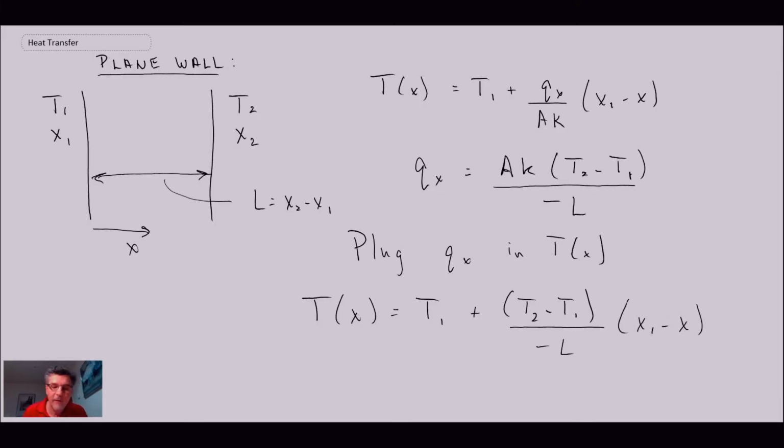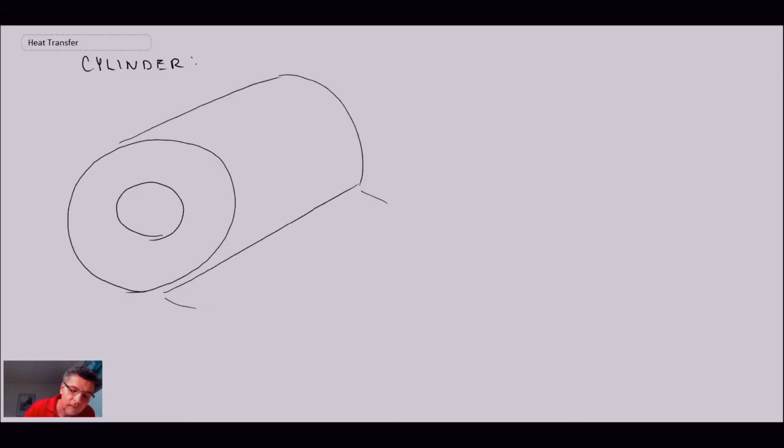Okay, so that was for a plane wall. We also looked at a cylinder. So that was the geometry for the cylinder, R inner, R outer. And what we obtained here was the temperature distribution.